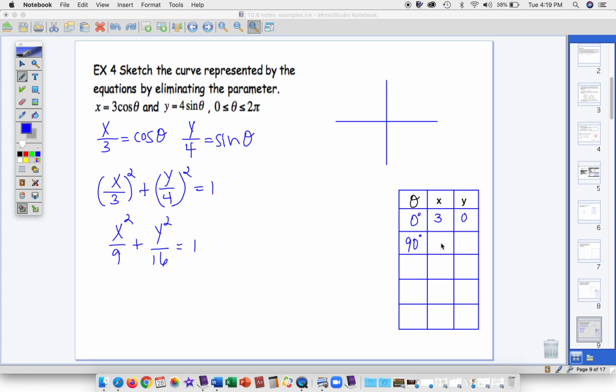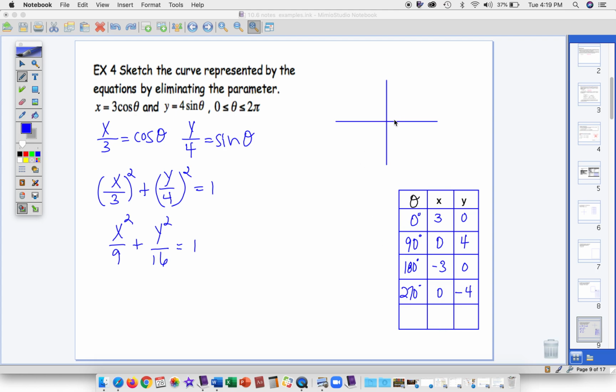At 90 degrees, the cosine is 0, and the sine is 1, so y is 4. At 180 degrees, the cosine is -1, so this is -3, and y is 0. And at 270 degrees, x is 0, y is -4.